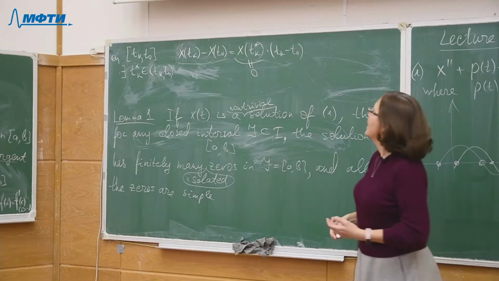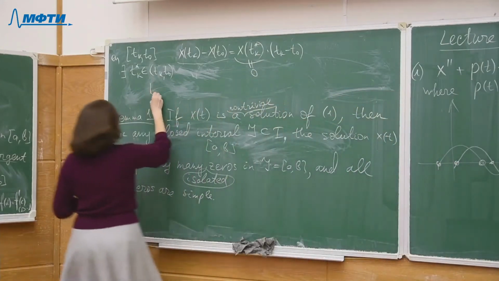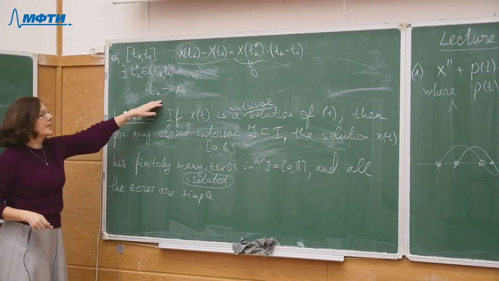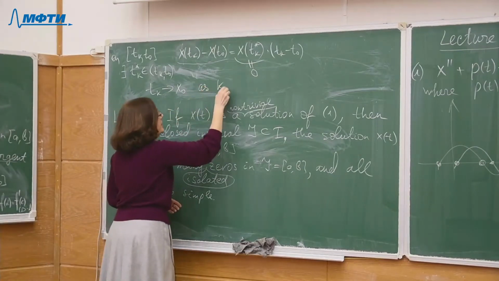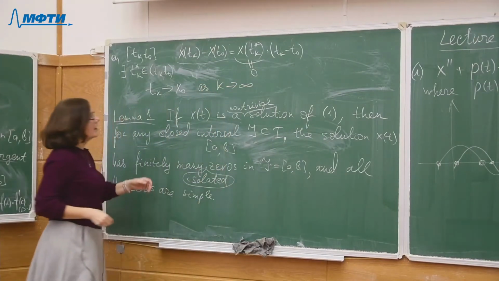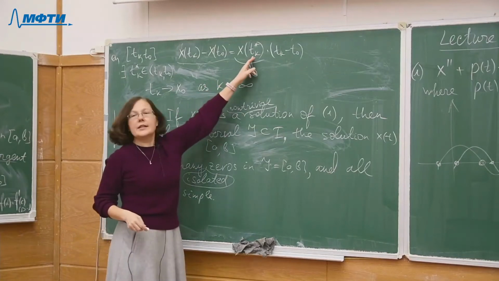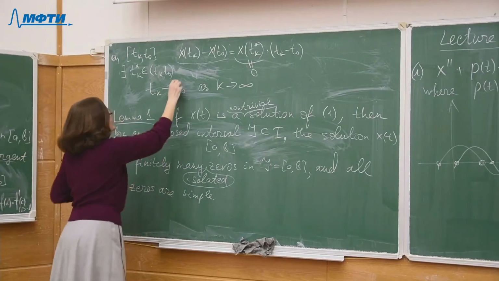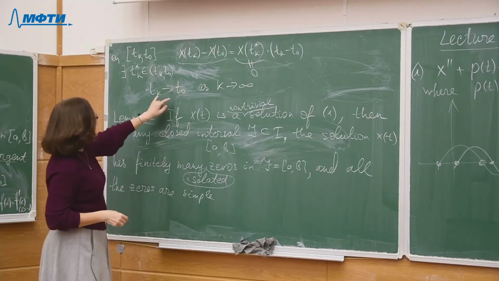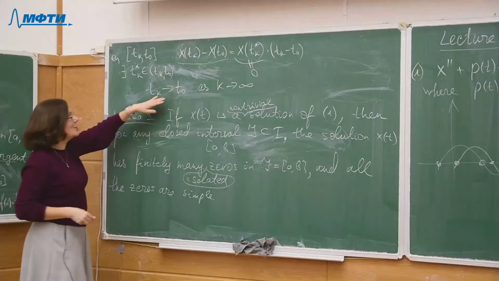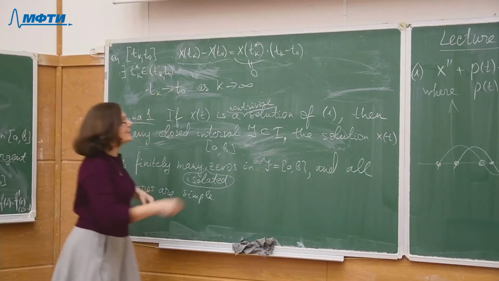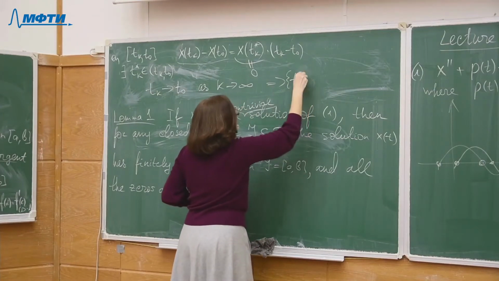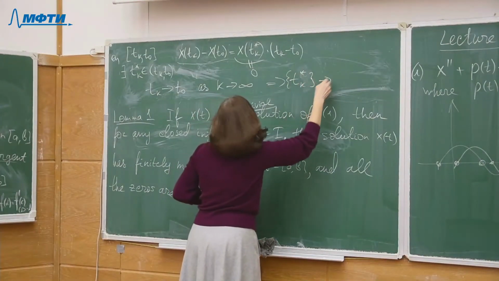Okay, so we know that tk tends to x0 as k approaches infinity, but tk asterisk is between tk and t0, so this sequence also approaches t0.